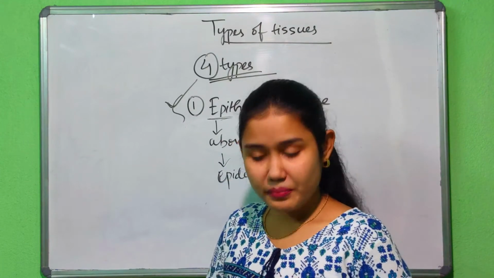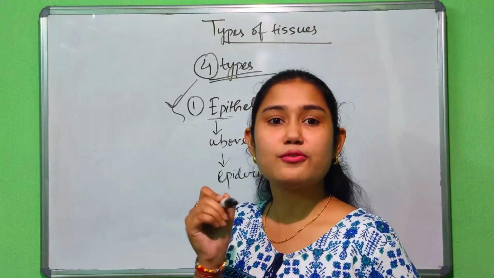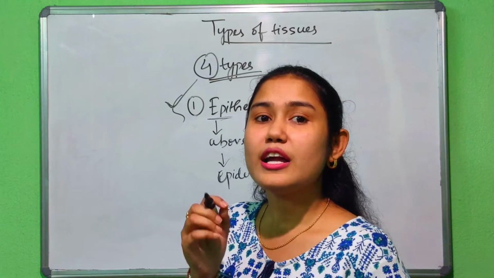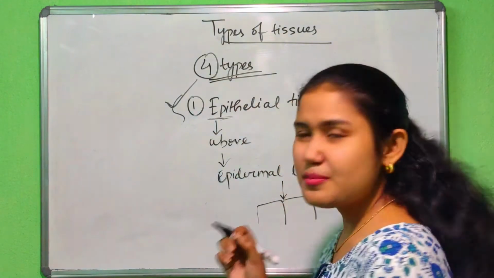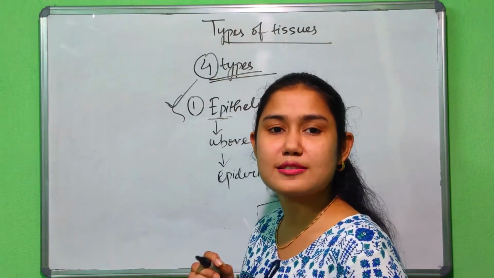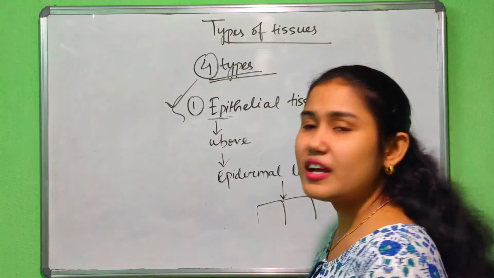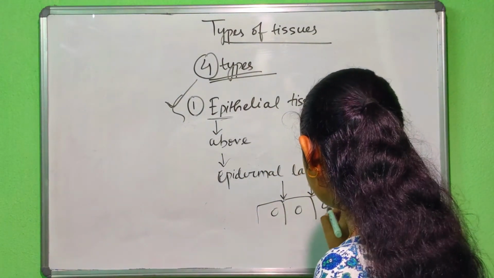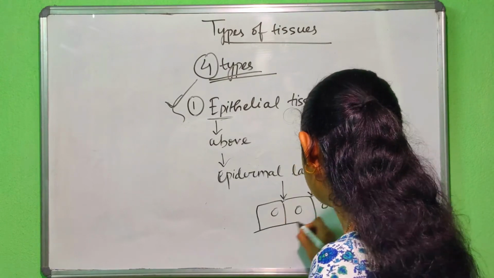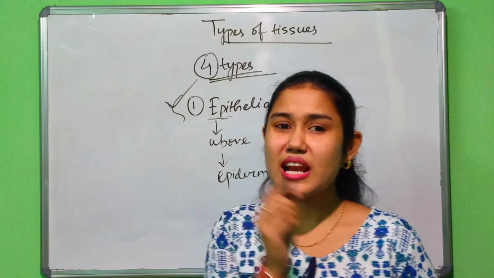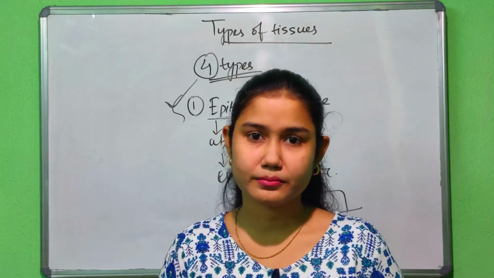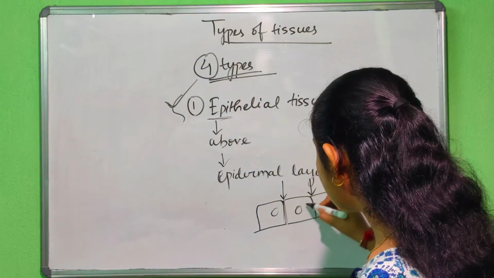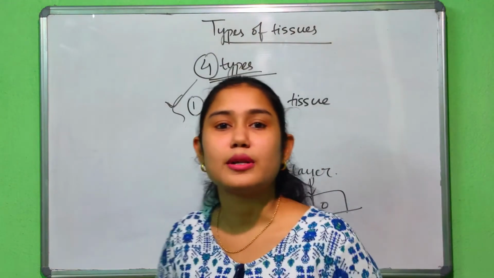To avoid that, as it forms the protective layer of the body, it has negligible or no intercellular spaces. The cells are held very tightly and allow only selective substances to pass through. Clear? And the cementing material present between the cells is also very negligible.